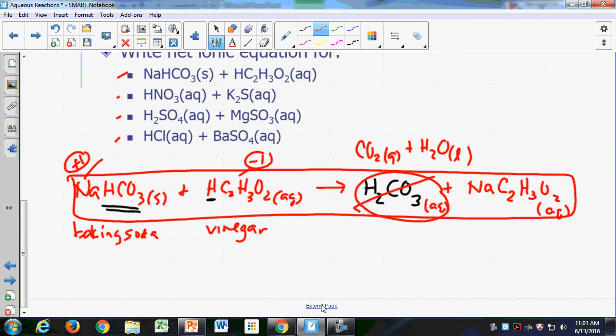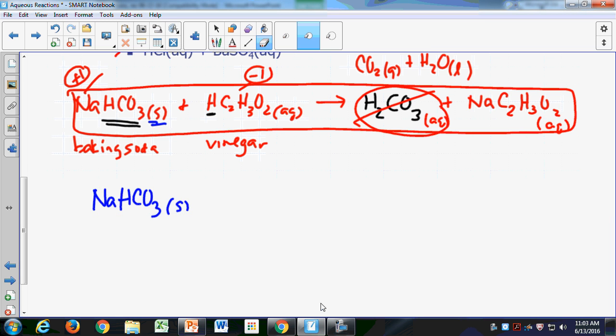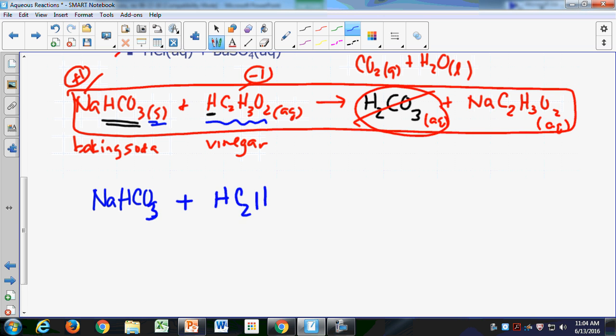What would be our ionic equation? Sodium bicarbonate is ionic, so should I split that? If it's in aqueous solution, yes, but in this particular case it's a solid. You're using baking soda, which is a solid, so it has to remain intact: NaHCO3 solid. Let me just leave out the labels now. Plus acetic acid, a weak electrolyte, a weak acid, so I have to write it intact as HC2H3O2 aqueous.